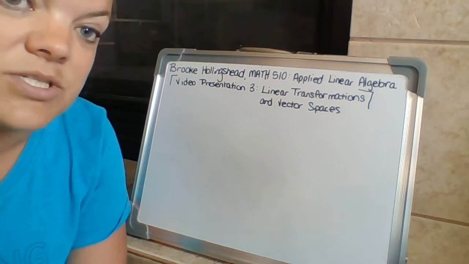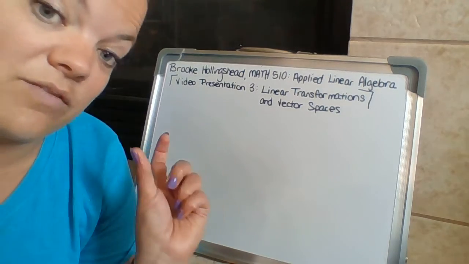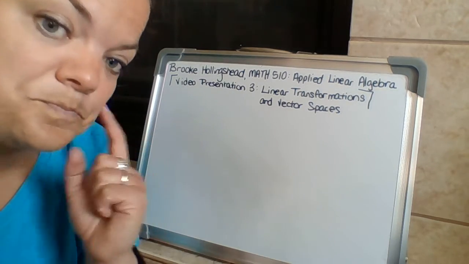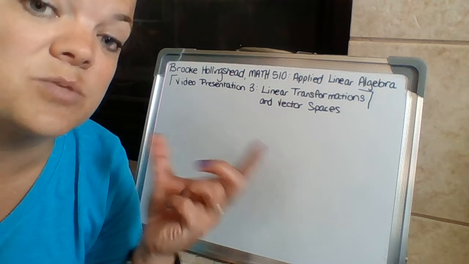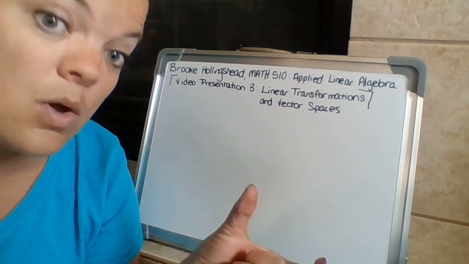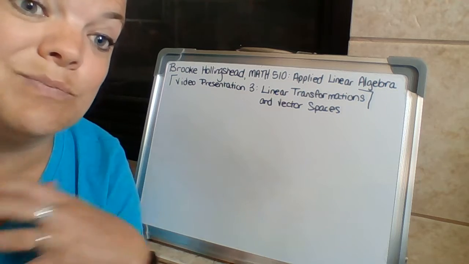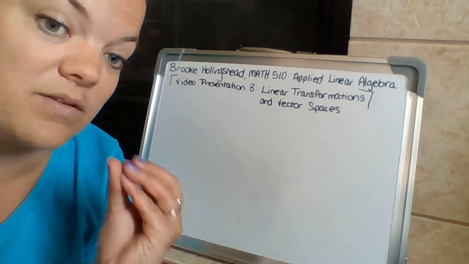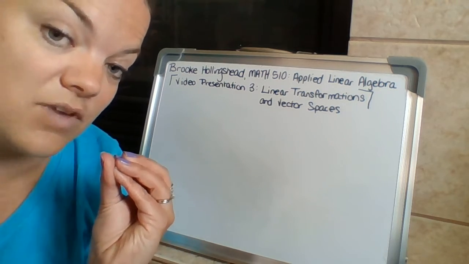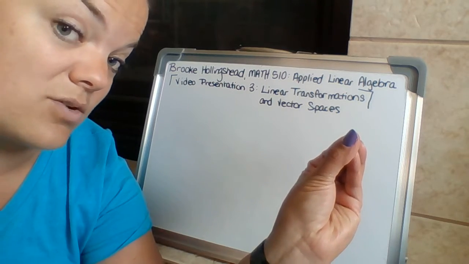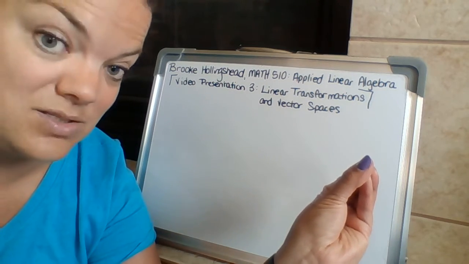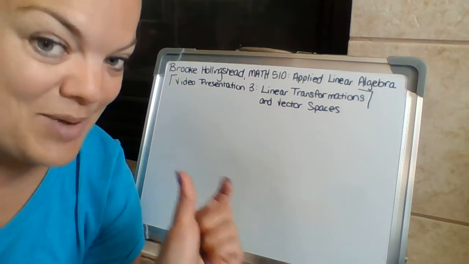So basically what we're doing for this one is we're going from one vector space to another vector space, or we can actually go back to the same one. It's just some way to take one vector from one vector space to either another vector space or back to the same vector space, as long as they qualify as a vector space.